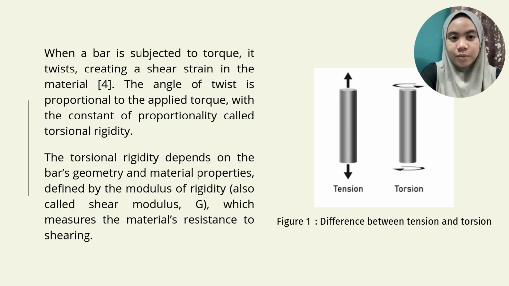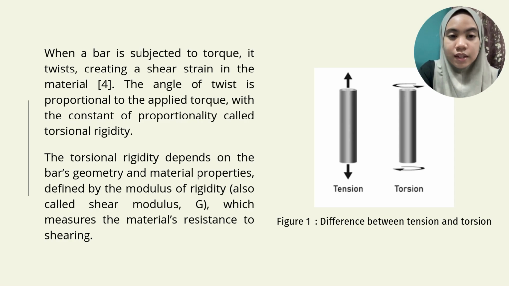Assalamualaikum warahmatullahi wabarakatuh. My name is Nur Batrisha binti Abdurrahim, and I will explain about the theory of working principles in this experiment. So first of all, when a bar is subjected to a torque, it twists, creating a shear strain in the material. The angle of twist is proportional to the applied torque, with the constant of proportionality called torsional rigidity.